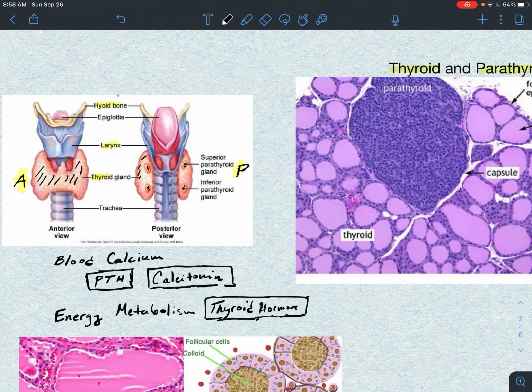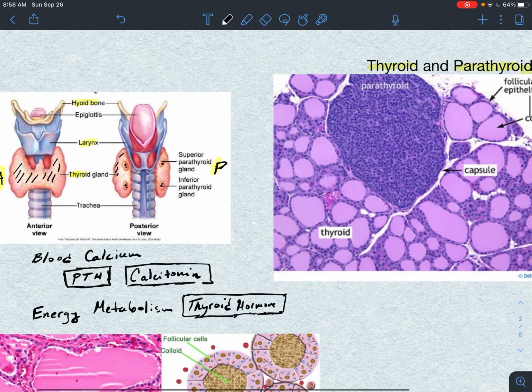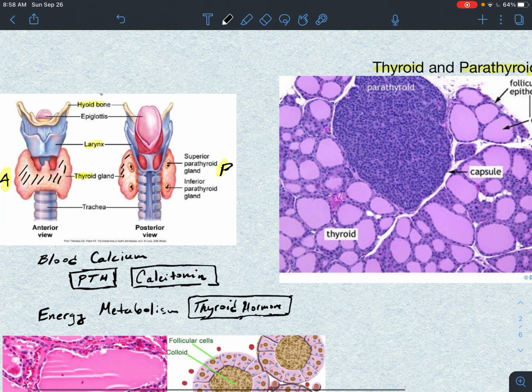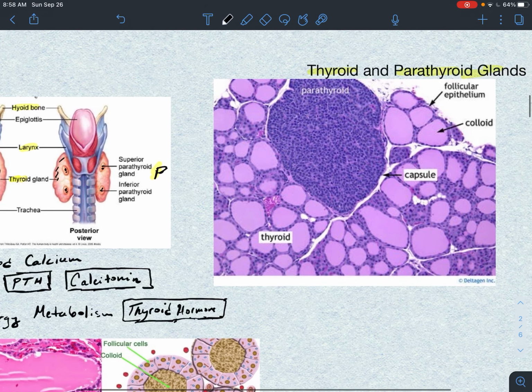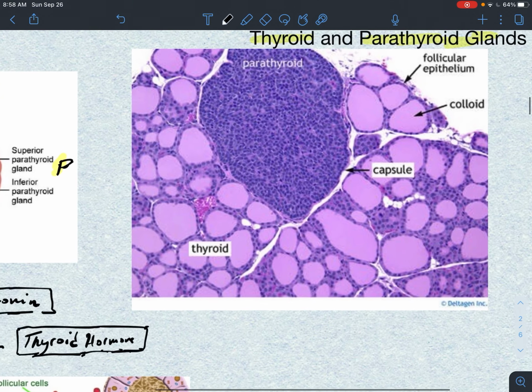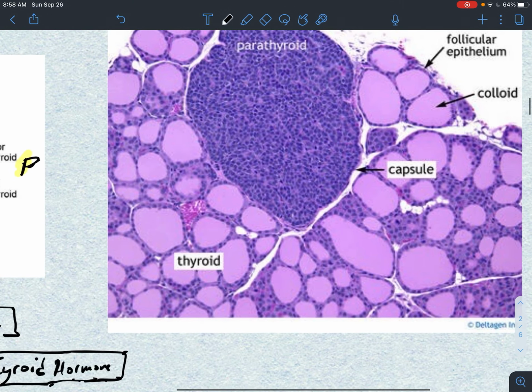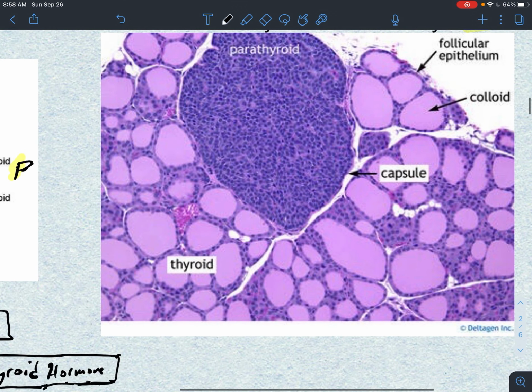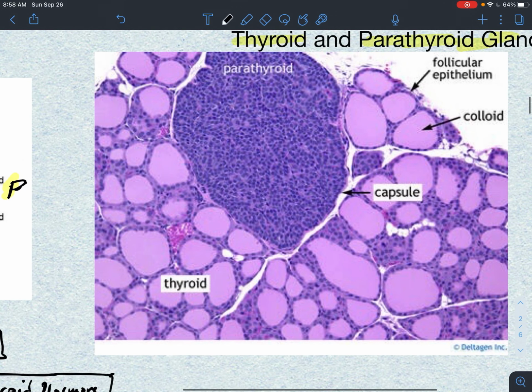So on the right here, you've got these two glands side by side on a histological slide. And what you want to notice is that very clearly here, you've got two different glands showing in this histological slide.